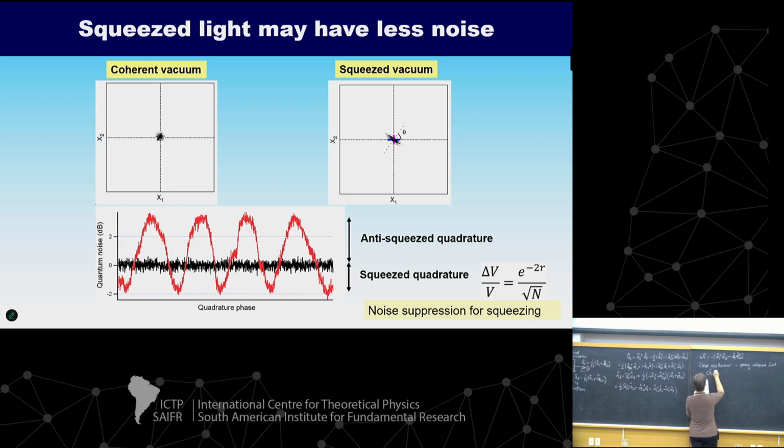So the average of alpha is going to be its amplitude times e to the phase of the local oscillator. That's what we're going to control in the future. So we can present the local oscillator as the average value, alpha of local oscillator, and only leave the fluctuations as a quantum field.